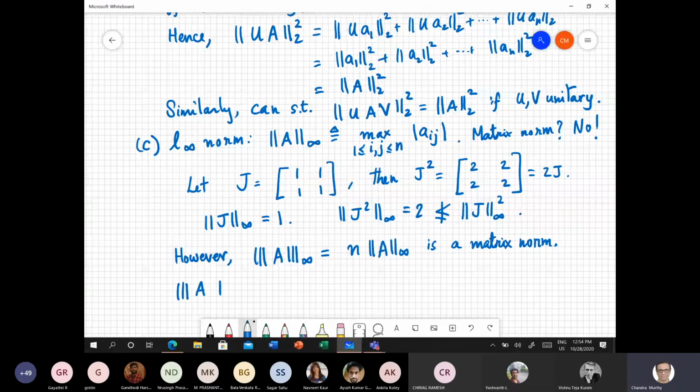So if I consider the norm of AB, then this is equal to n times the maximum entry in magnitude of the ijth entry of AB, and as we wrote above, this is equal to sigma k equal to 1 to n a_ik b_kj.